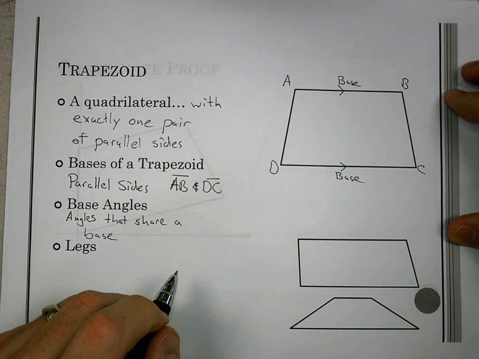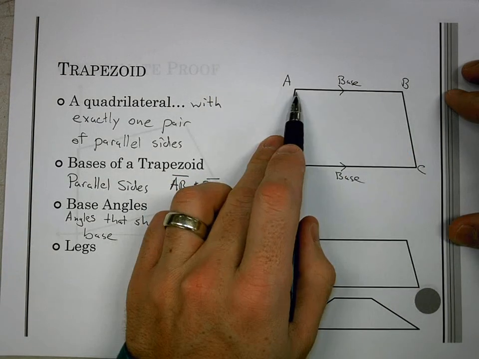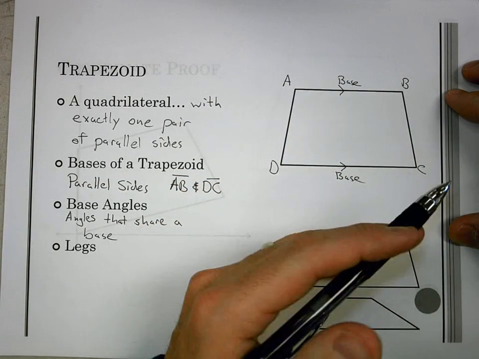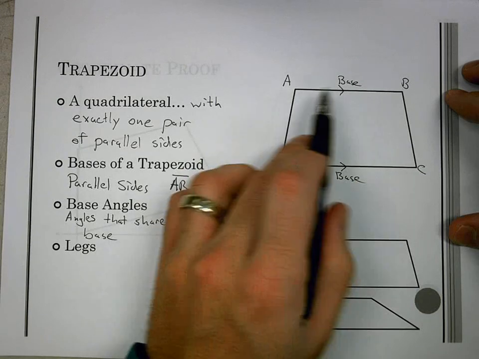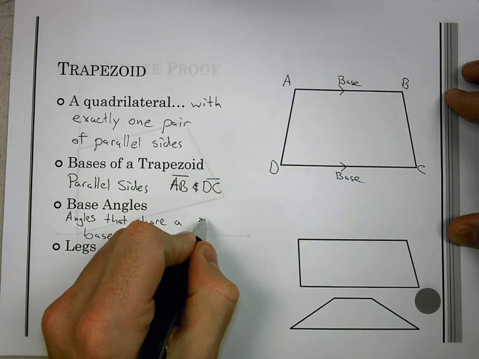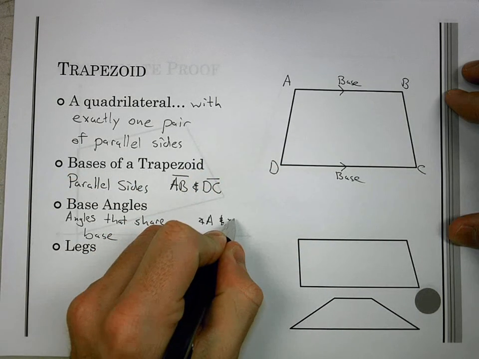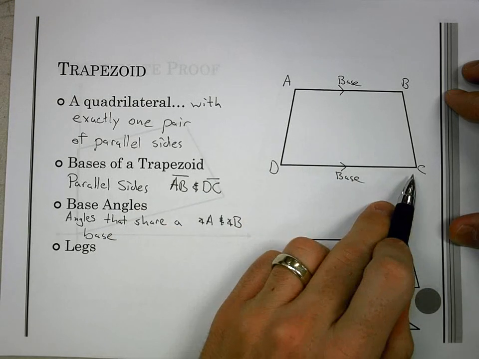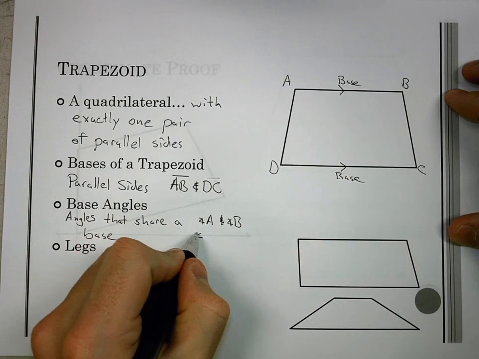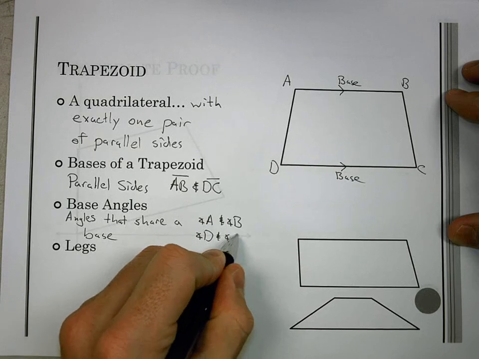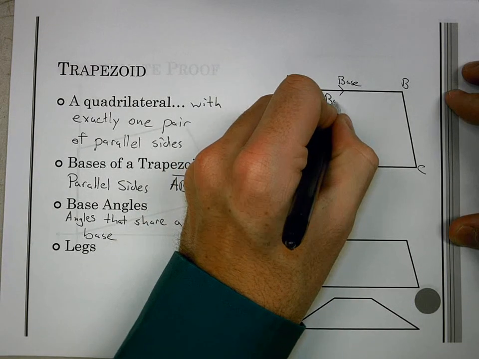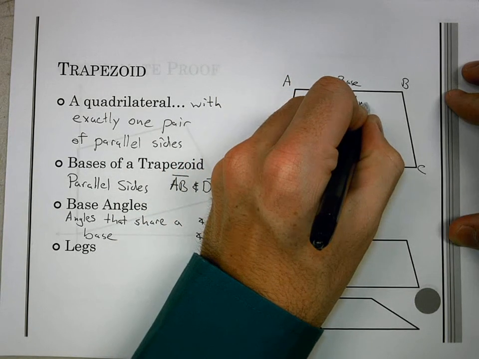So if we look at what we have, AB makes up a base. The two base angles for that would be angle A and angle B. Whereas on base DC, the two base angles would be angle D and angle C. So we have our base angles.